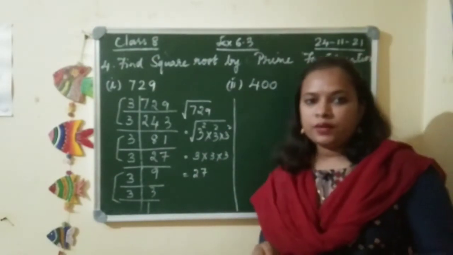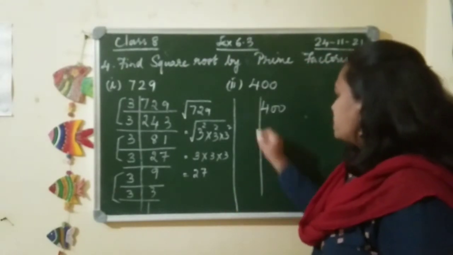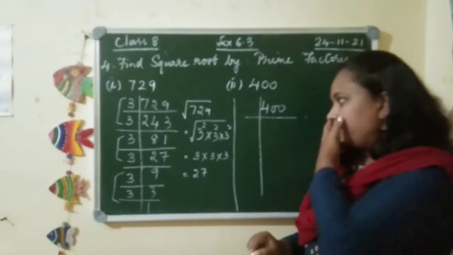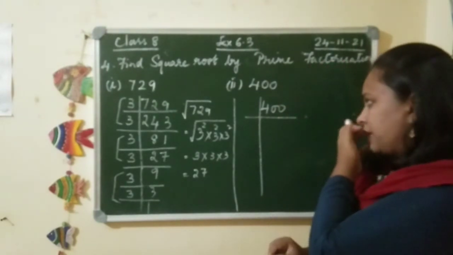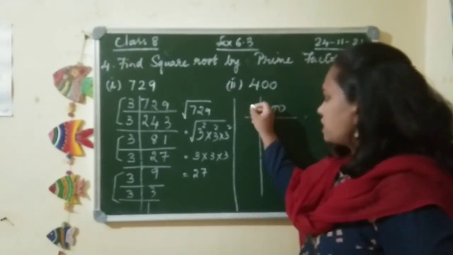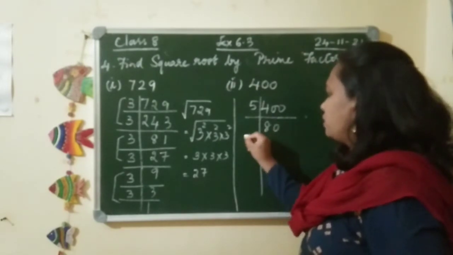400. 400 is divisible by the first prime number 2 as well as 5. We can go for the highest common factor, or else if you use 2, it's also fine. So now I will start with 5. 5 8s are 40 and 0.